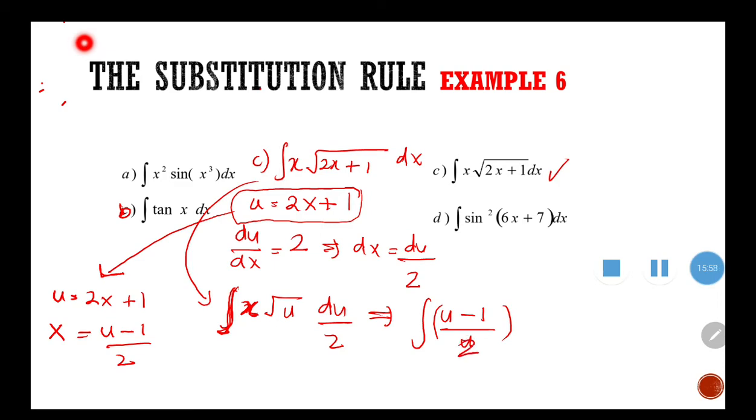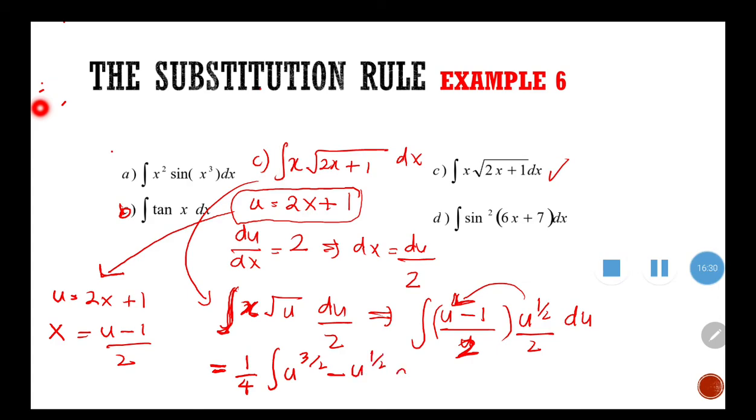Sorry, over 2, not over u. Times square root of u, which is half, du over 2 here. So meaning here is 1 over 4, you may bring it out, and then u can be multiplied in. U power half times u power 1, you have u power 3 over 2, minus u power half, du.